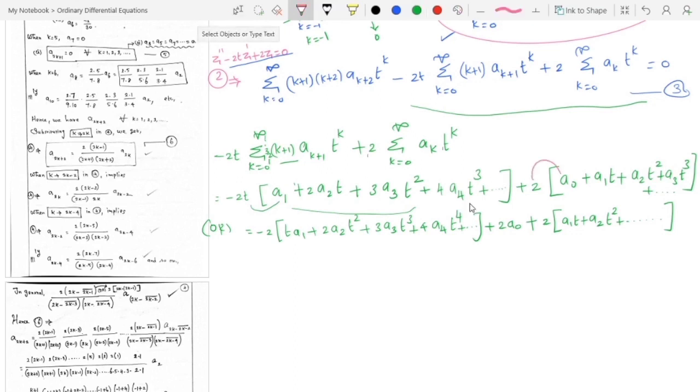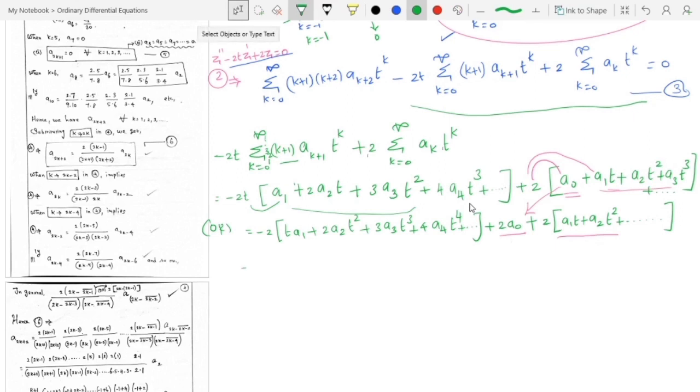Multiplying by 2, 2 into a0, 2a0, 2 into a1 t, 2 into a2 t square plus 2 into a3 t power 3. Except the first term, the remaining terms carry a power of t. So write separately the constant term from this group, 2a0, remaining as it is.